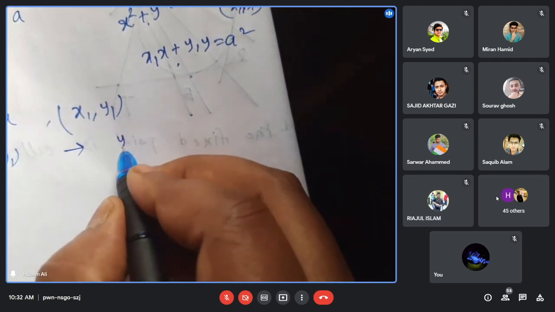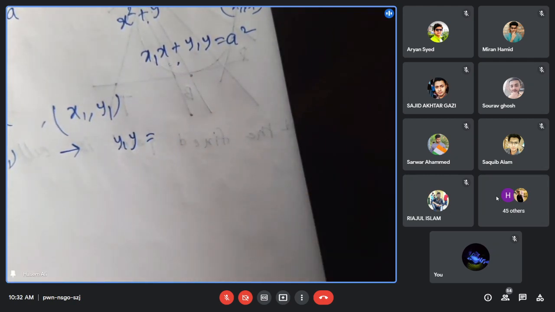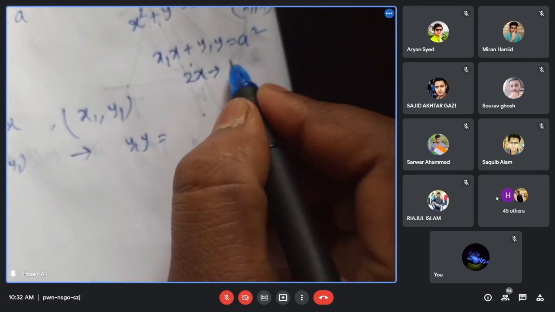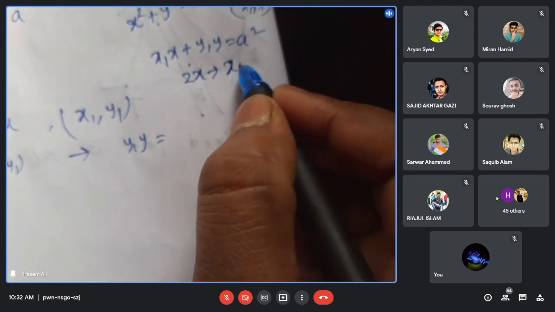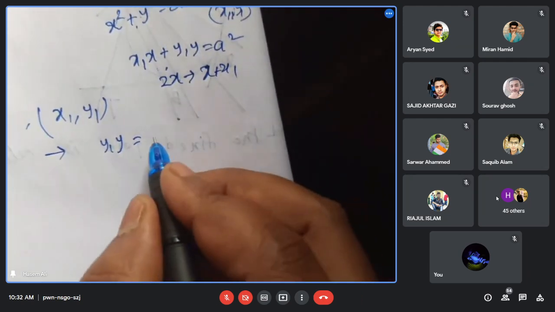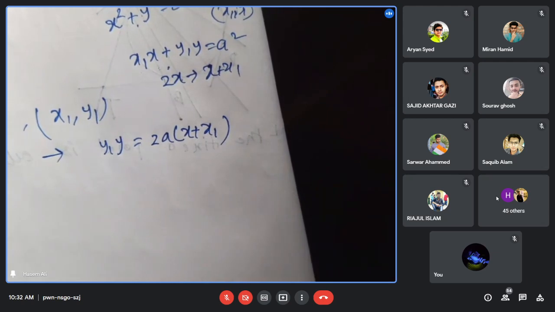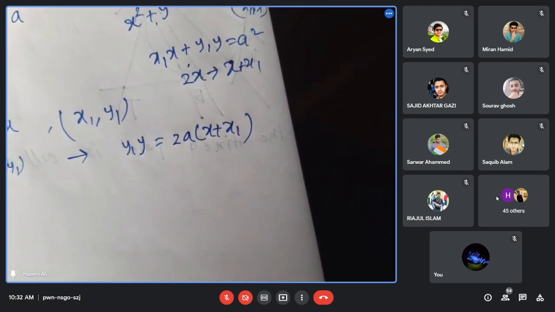That means y1 y instead of y square, and for 2x we will write x plus x1. So it will be y1 y equals 2a into x plus x1. This is the equation of the polar.